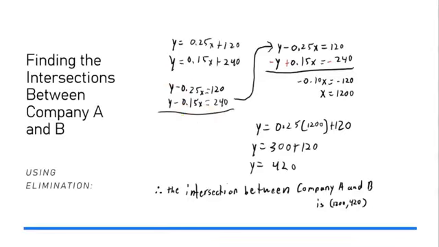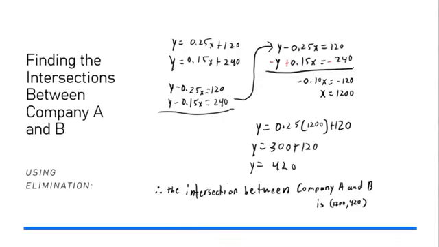Then I solved the equation for the variable, which was x. As you can see here, I subtracted, which equals minus 0.10x equals negative 120. And then once you divide negative 120 by negative 0.10, it equals 1,200.